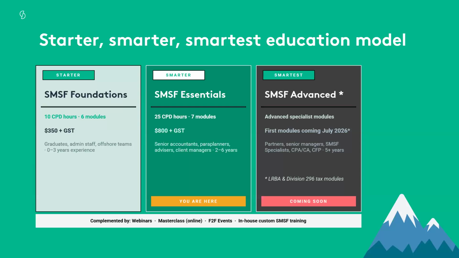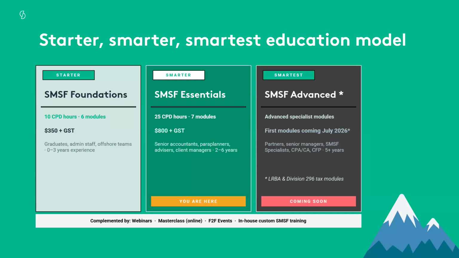Now, that has been expanded further with the release of some key advancements that we've got in our Essentials course here. And you'll also note we now have a little bit more information to share with you about our SMSF Advanced course because we are expecting to release the first of our two modules around limited recourse borrowing arrangements and a specific one around Division 296 tax in July of this year.